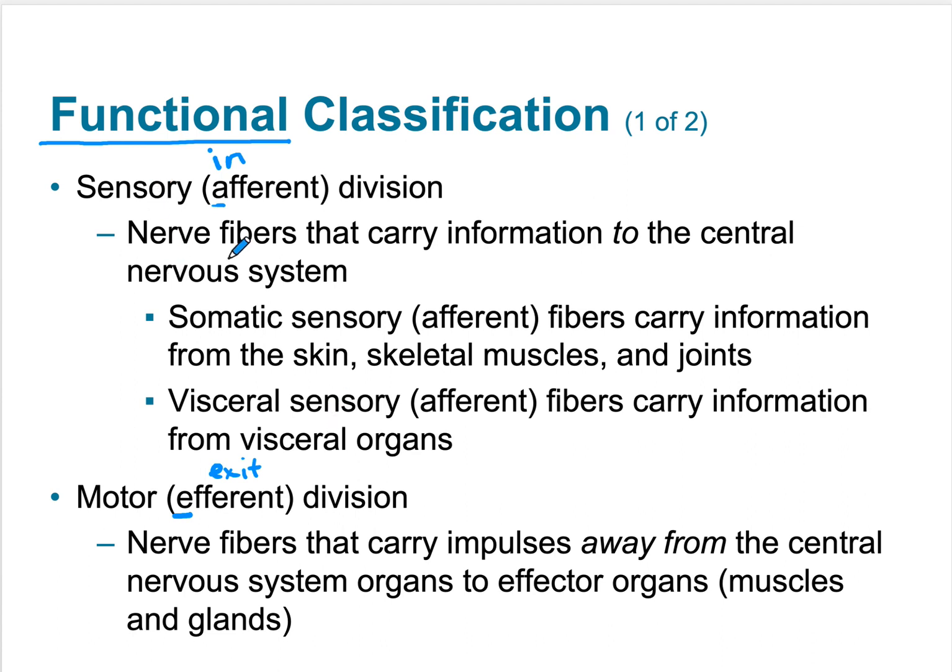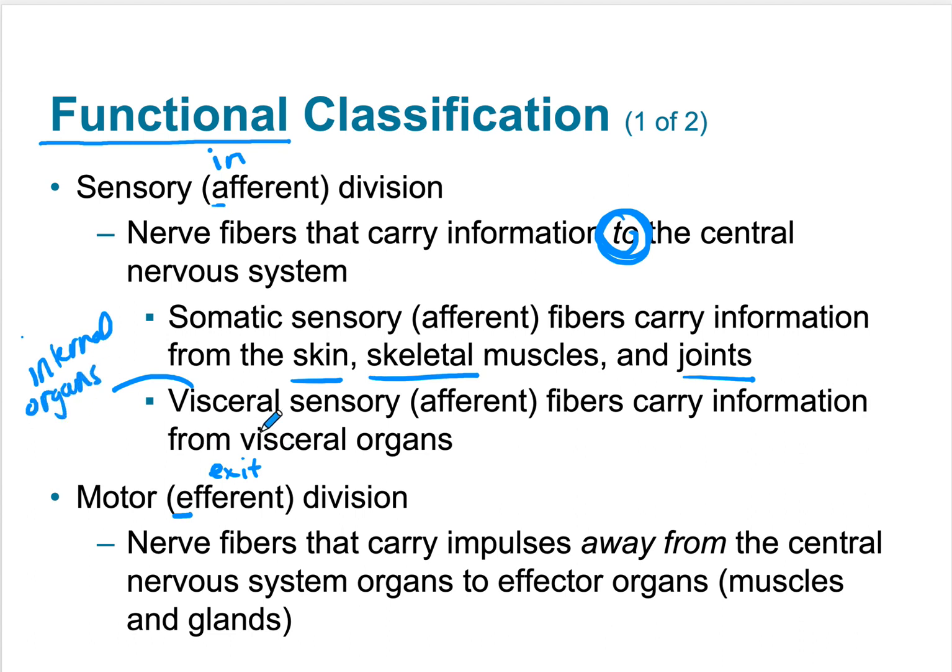Sensory nerves are nerve fibers that carry information to the central nervous system. You have the somatic sensory, or afferent, fibers that carry information from the skin, skeletal muscles, and joints. Then we have something called visceral, which just means internal organs.